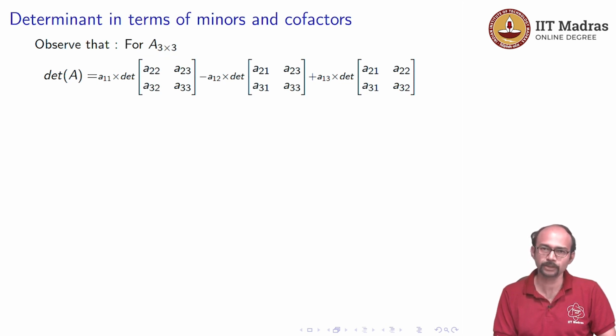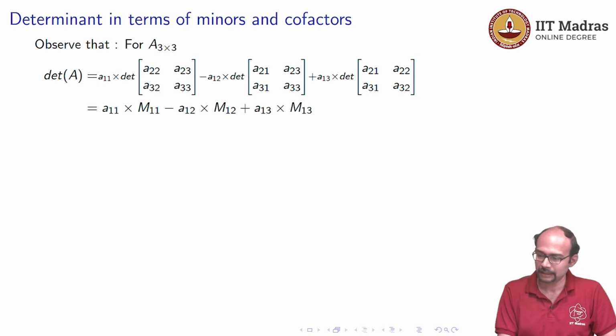So, you deleted the first row and second column and then took the determinant, but that is exactly what we call the 1 2th minor, and then similarly for the third term. So, we can rewrite it now in terms of our minors as A11 times M11 minus A12 times M12 plus A13 times M13. Okay. So, we are just rewriting these determinants as minors. This was the definition, if you remember from the previous slide.